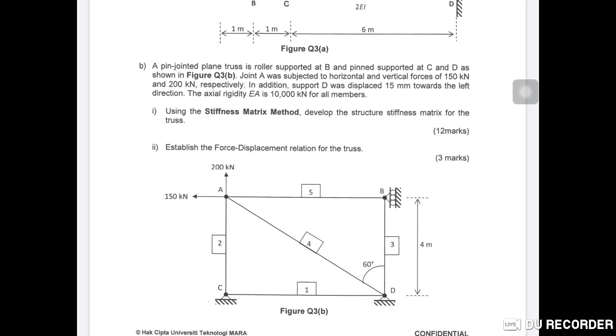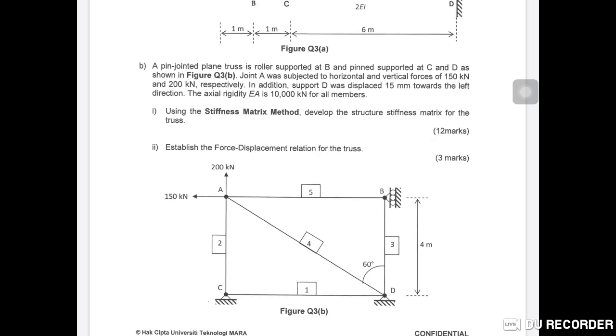Okay, let's look at this question. This is a pin jointed plain truss. Roller at support B and pin at support C and D as shown in the figure. Joint A was subjected to horizontal and vertical forces of 150 kN and 200 kN respectively.